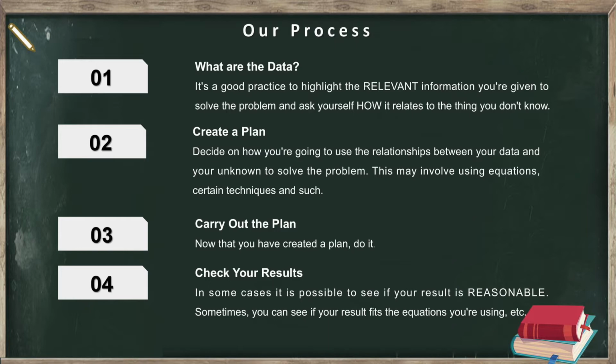And the fourth part is that sometimes it's possible to check your result to see if your answer is reasonable. Sometimes your answer might be too big. For example, a man doesn't weigh 1,000 kilograms. Or a ball cannot be moving as fast as the speed of light. So things like that help you to know which is the right way to go and prevent you from getting wrong answers.